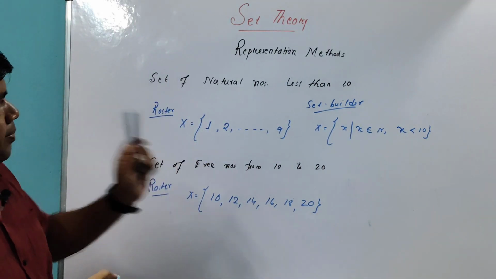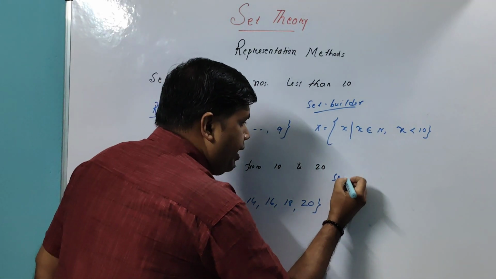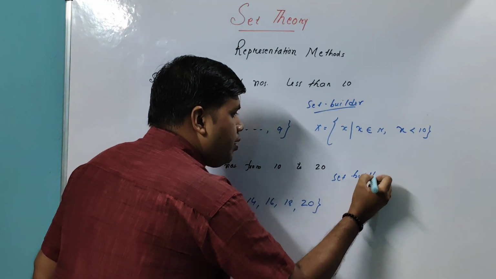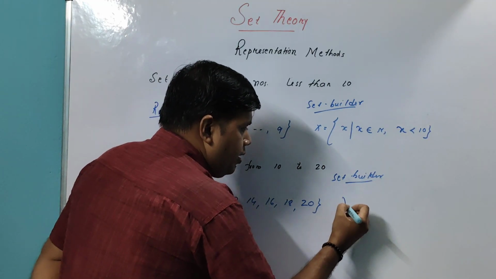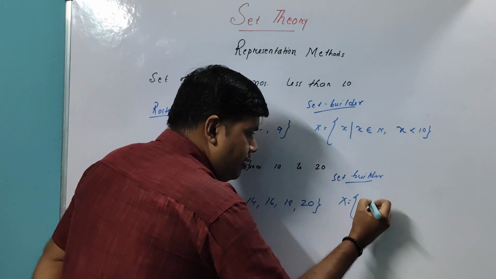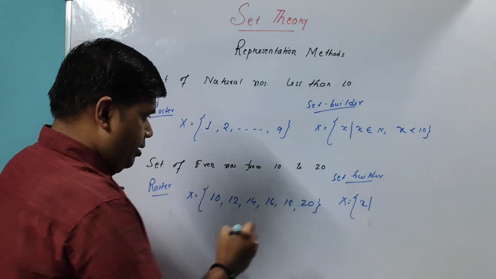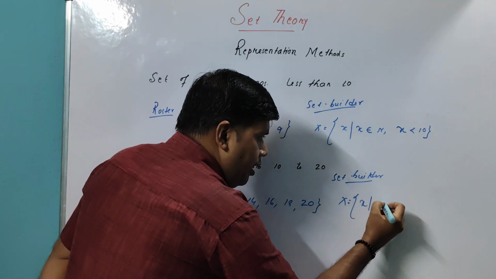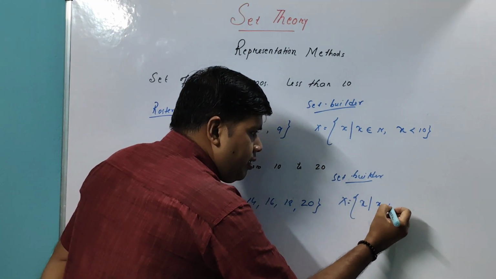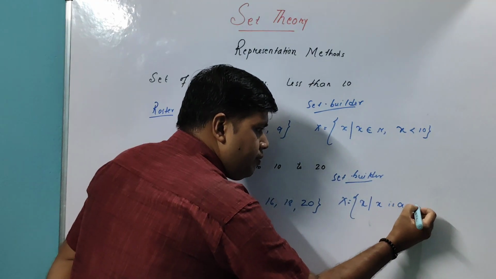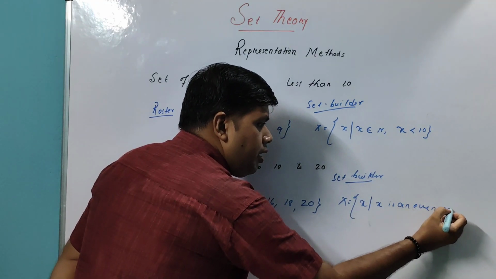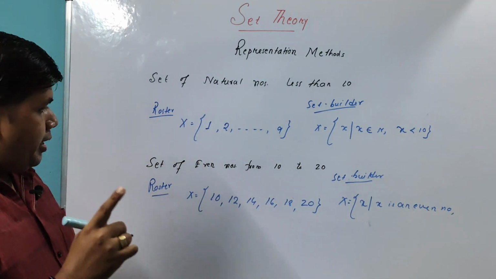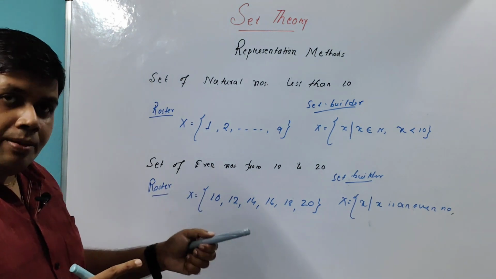However, the same thing can be expressed using the set builder method as x such that x is an even number. Not only one criterion, there are two criteria. One is that it should be an even number.